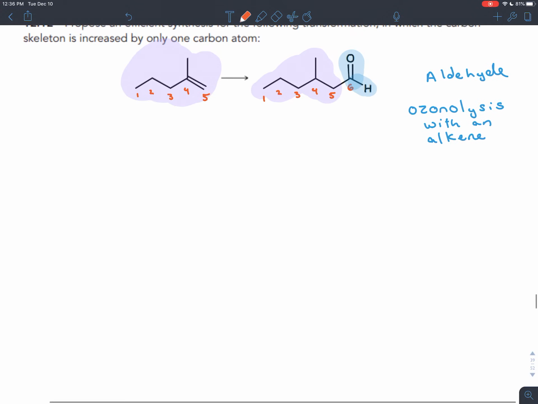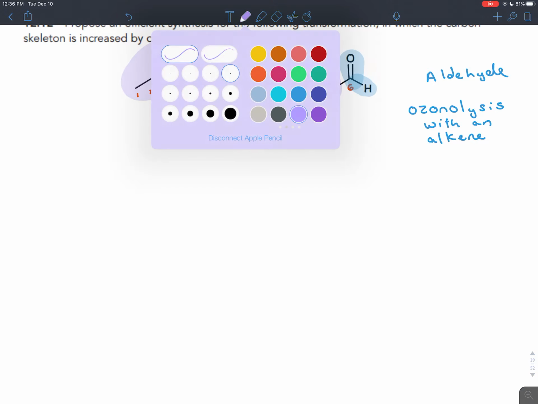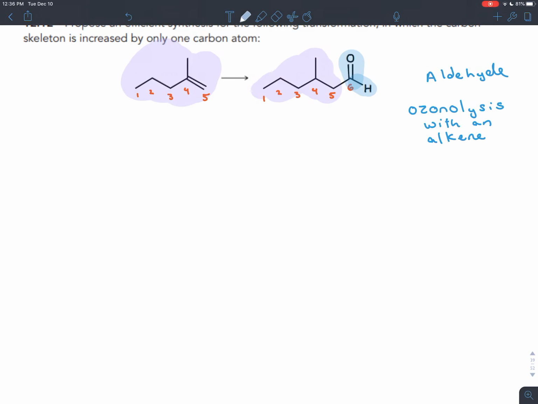And we know that when the number of carbons increases, we have to do 2 things. We have to add an alkyl halide to a terminal alkyne, a terminal alkyne that we mix with sodium amide so that it turns into a nucleophile.